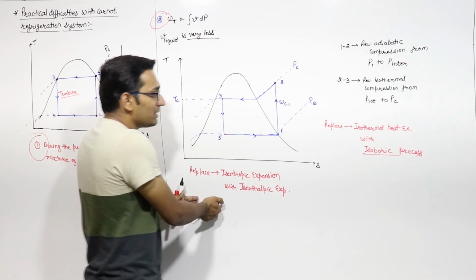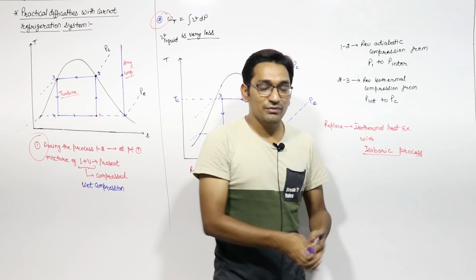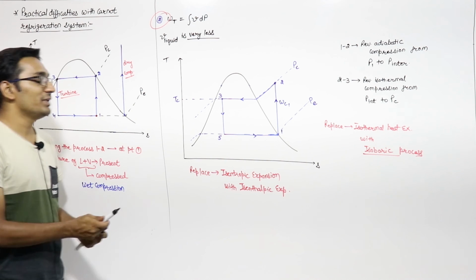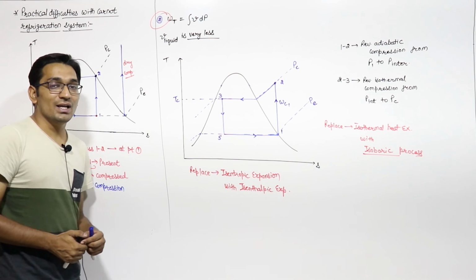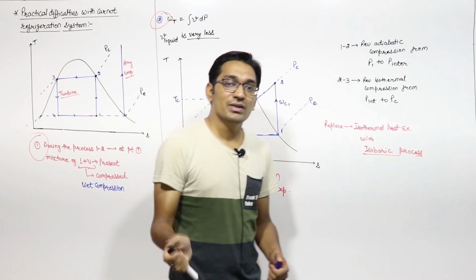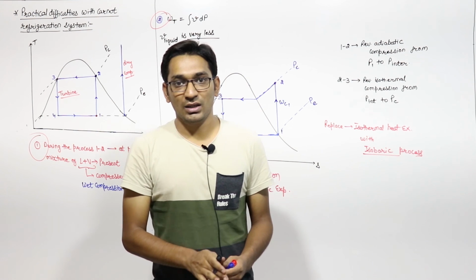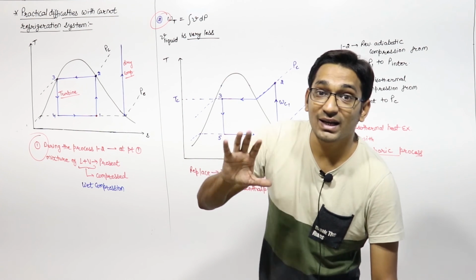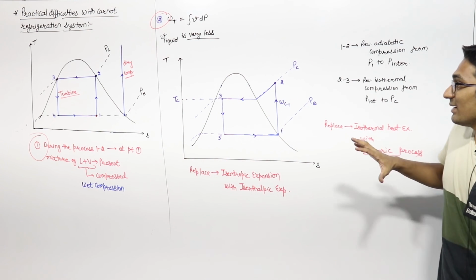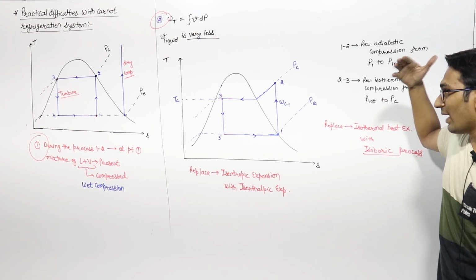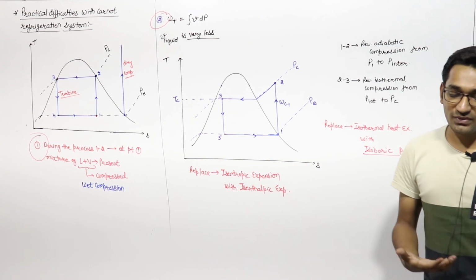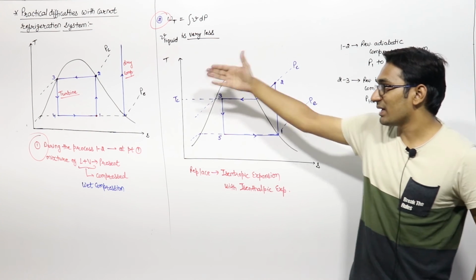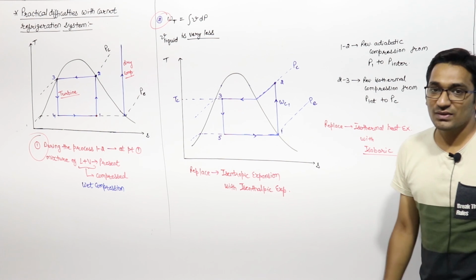By implementing these two modifications in the Carnot refrigeration system, you will get the reversed Rankine cycle. I hope you understand why there is a need for the reversed Rankine cycle when we have the perfect cycle for this refrigeration system.